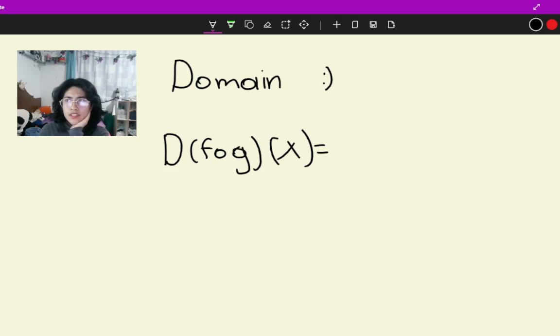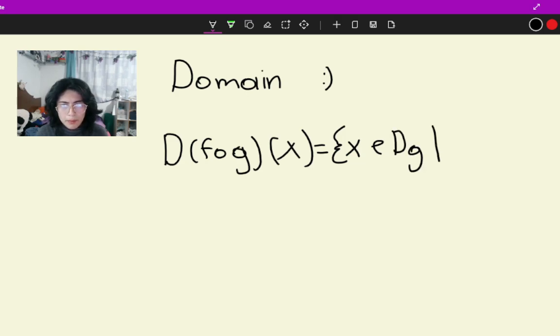We find the number where g of x equals 0 with this formula: the set of x in the domain of g such that the absolute value of g of x is in the domain of f, and close the set.